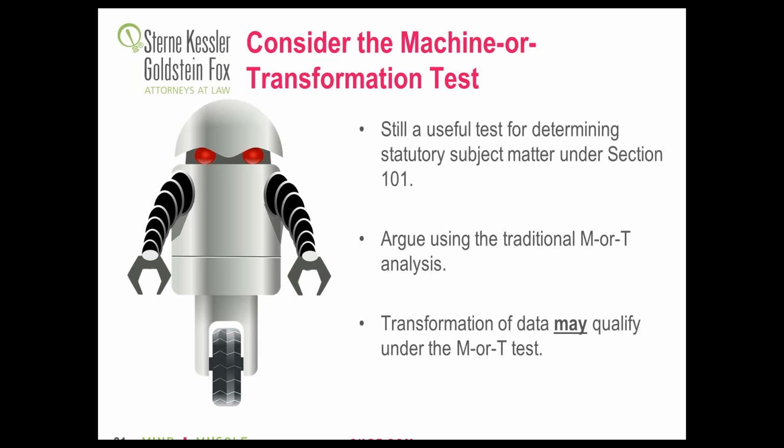Now, maybe the data is representative of a physical object. DDR Holdings alluded to this in its decision when it talked about how the data changes from one construct to another. There have also been some decisions from the PTAB in CBMs post-Alice that have indicated that certain types of data transformations, in particular contexts, of course, can satisfy the machine-or-transformation test.